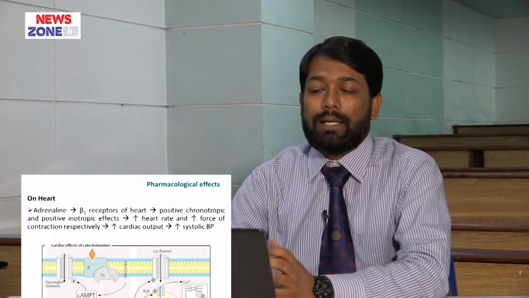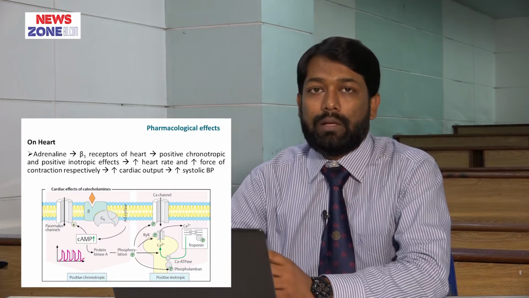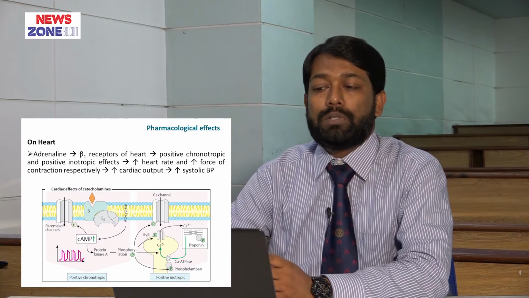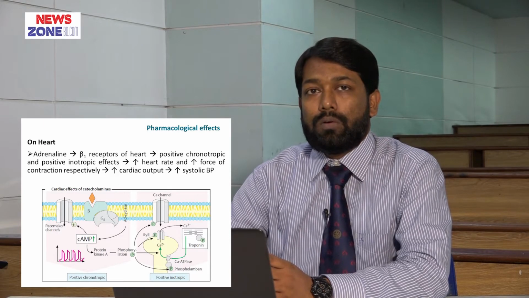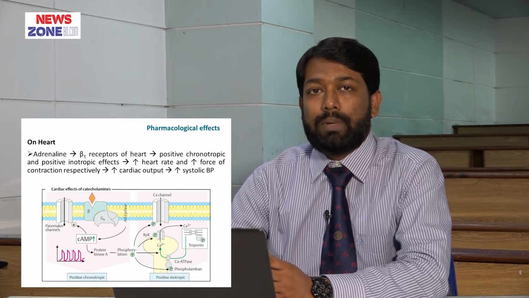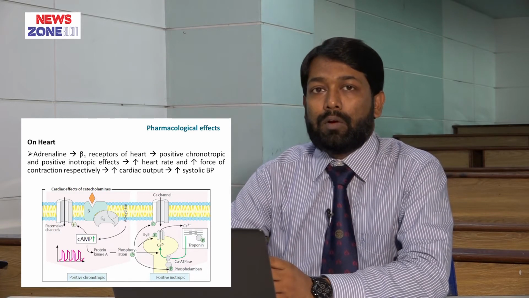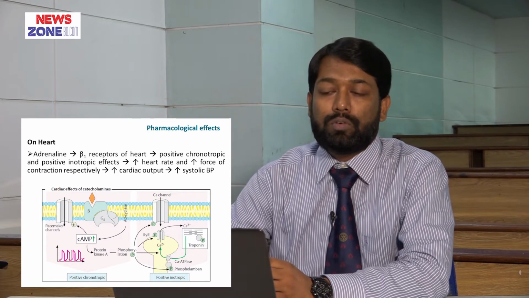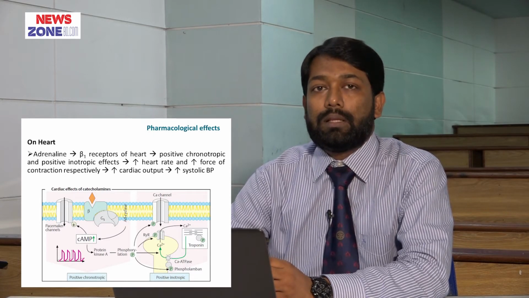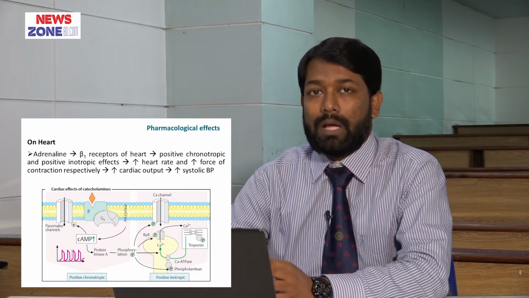We know that adrenaline increases heart rate and cardiac output. There are beta 1 receptors on cardiac muscles. They cause positive chronotropic and positive inotropic effects and consecutively increase the heart rate and force of contraction, thereby increasing the cardiac output and the systolic blood pressure.